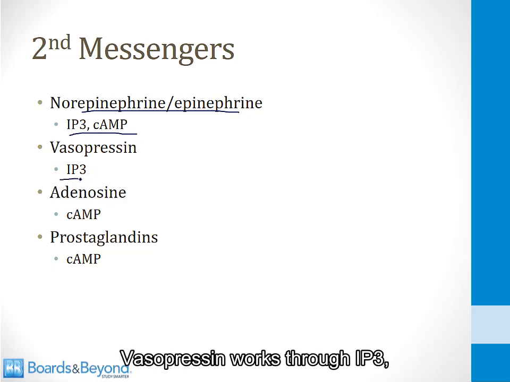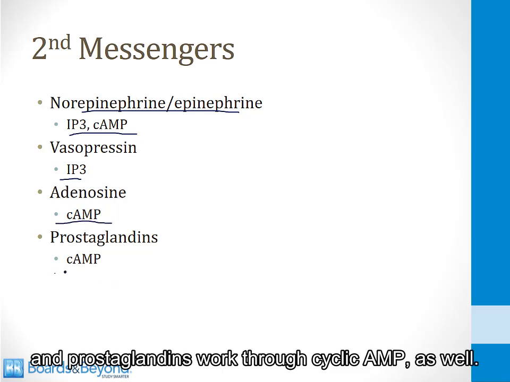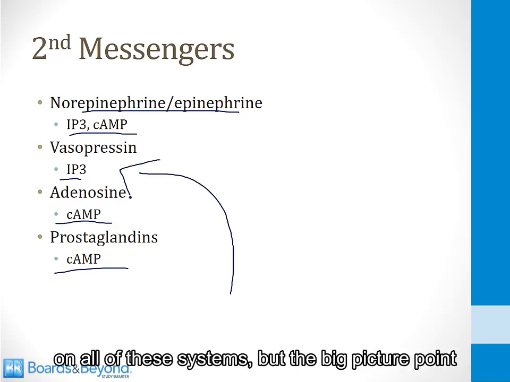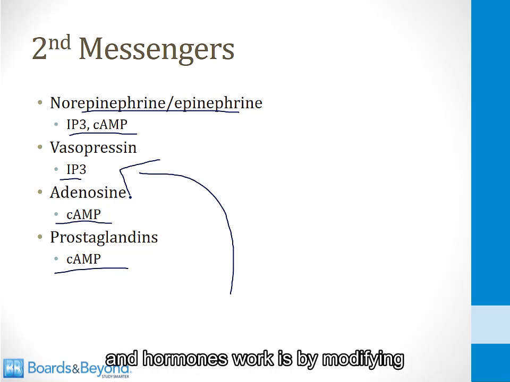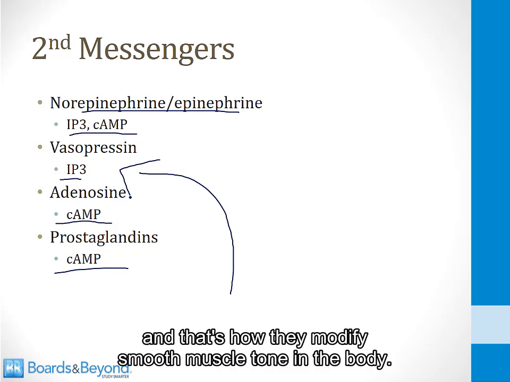Vasopressin works through IP3, adenosine works through cyclic AMP, and prostaglandins work through cyclic AMP as well. So you can read lots of basic science literature on all these systems, but the big picture point that you want to remember is the way these neurotransmitters and hormones work is by modifying second messenger systems inside of vascular smooth muscle, and that's how they modify smooth muscle tone in the body.